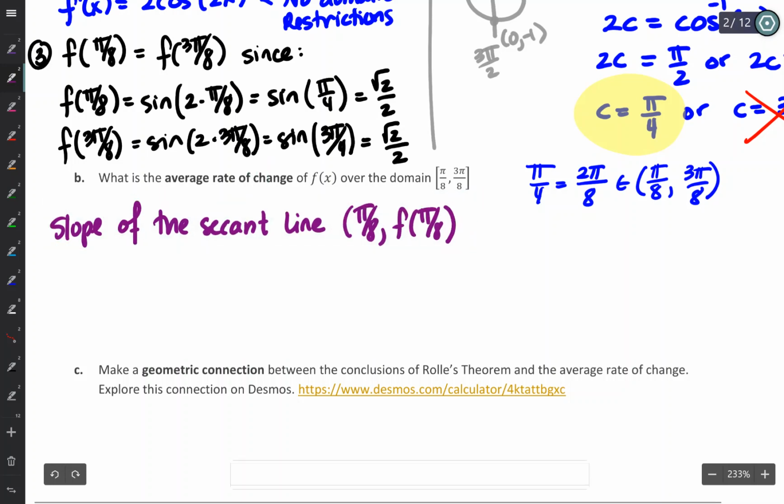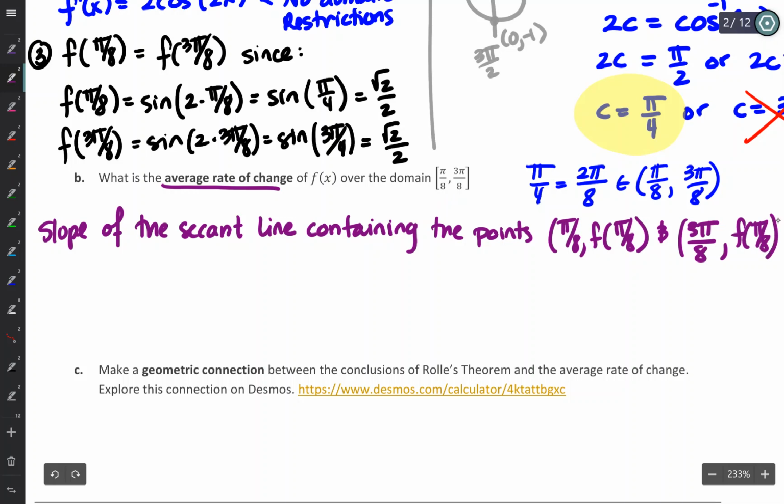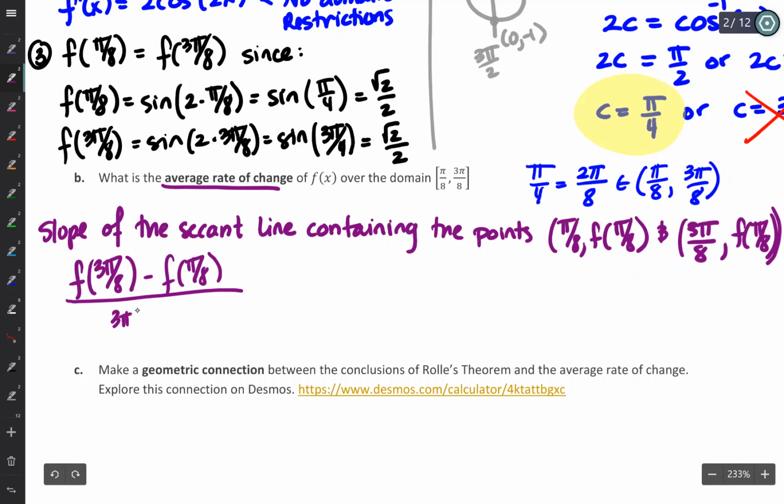So it's just the slope of the secant line containing the points pi over 8, comma, go plug in to get y, and 3 pi over 8, comma, go plug in to get y. Right? And that slope is just change in y all over change in x.